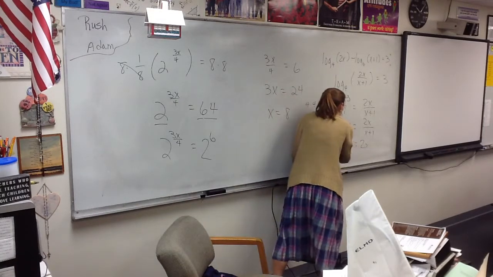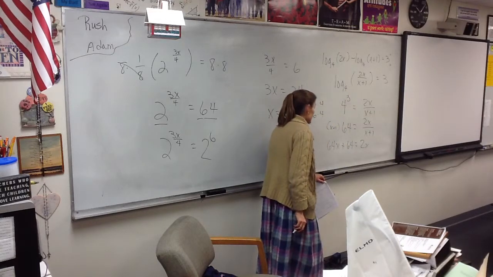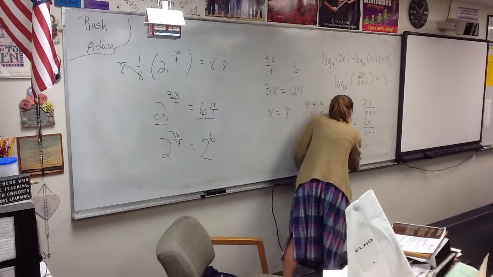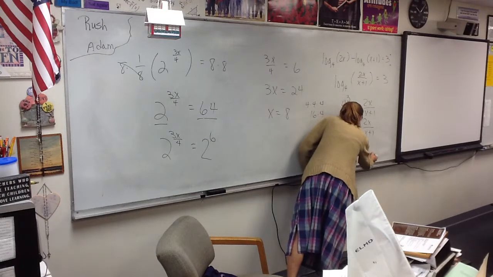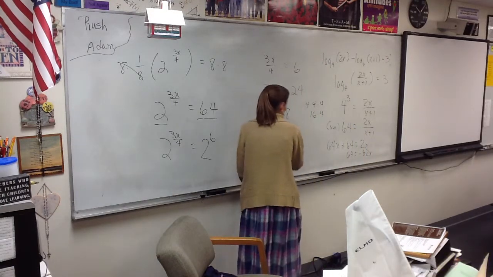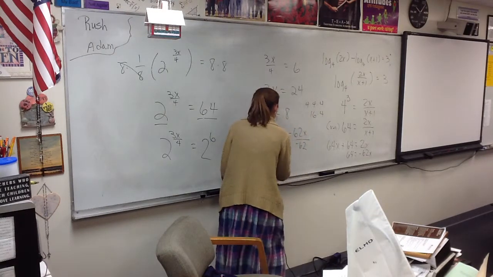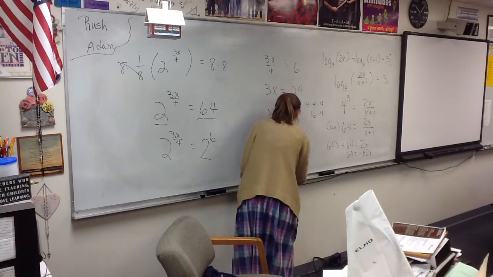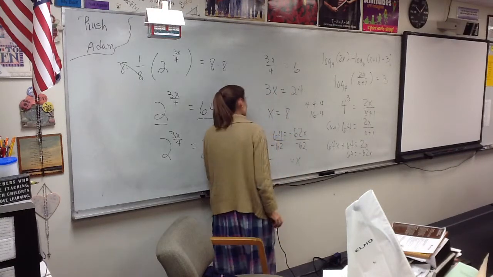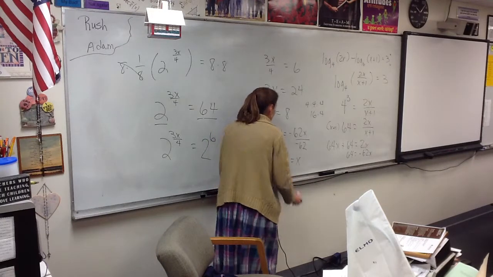So 64 is going to equal negative 62x. So I'm going to divide by negative 62, and x equals negative 32 over 31 when I reduce that.